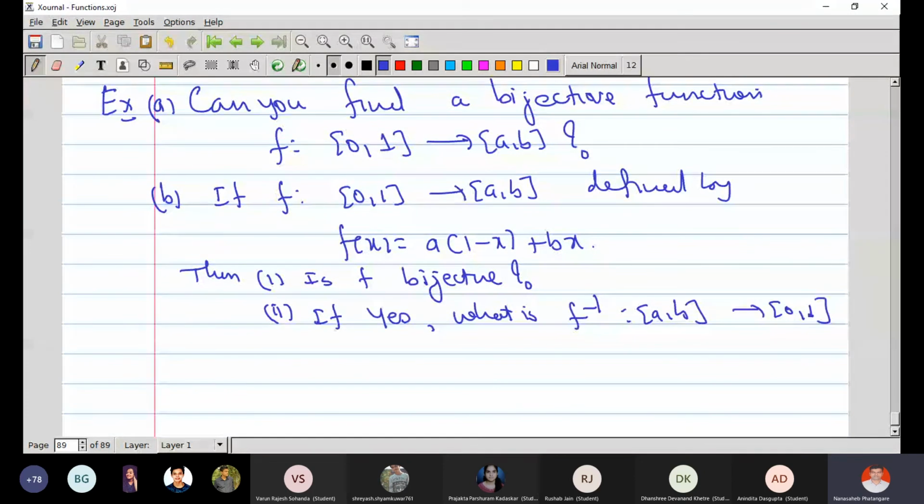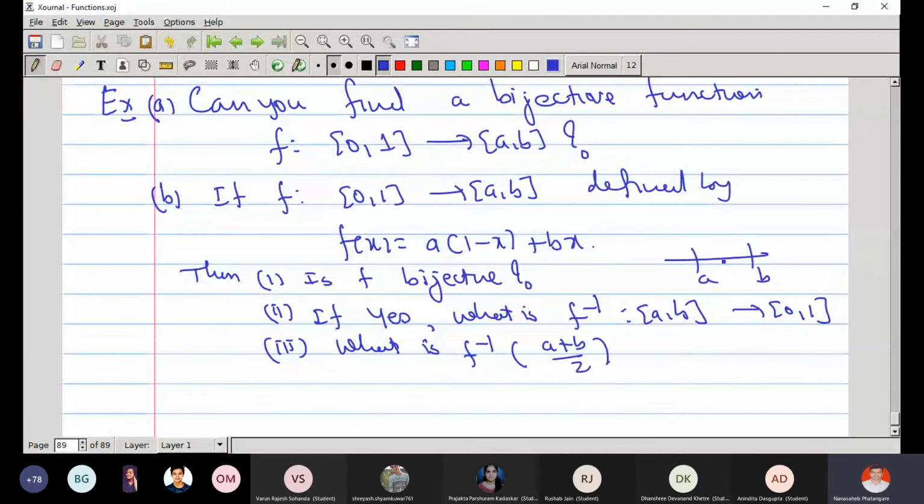Find the inverse function. And what is f inverse of (a plus b) by 2? Where is this point? This is the interval (a, b), and (a plus b) by 2 is in between, the mean. What is the inverse image under f? Can you produce it?